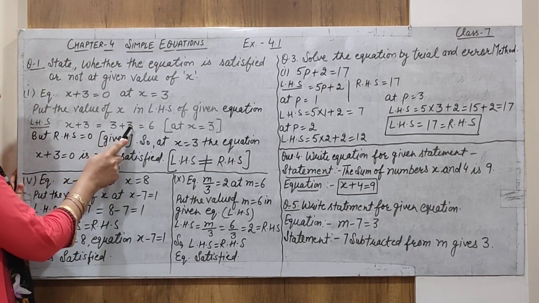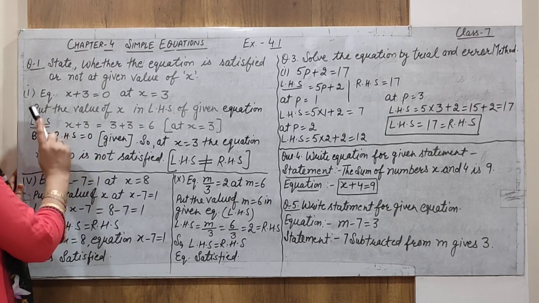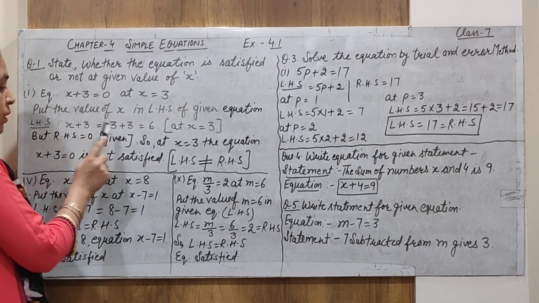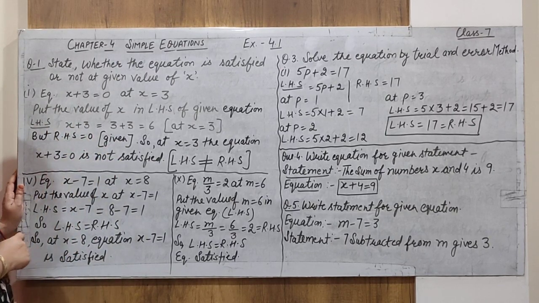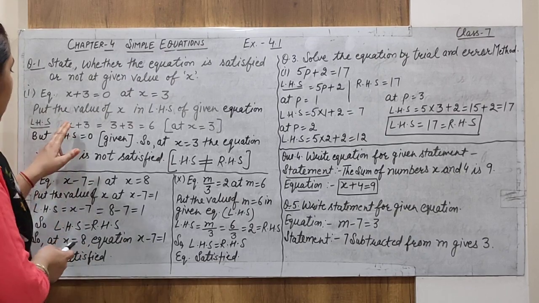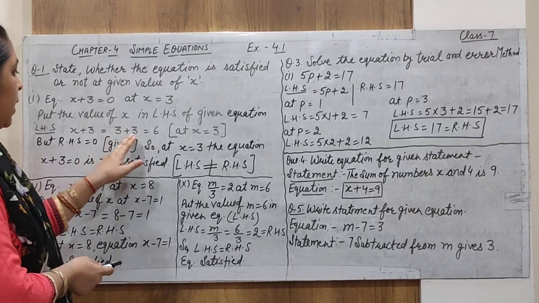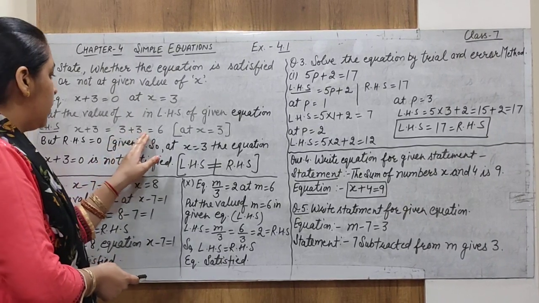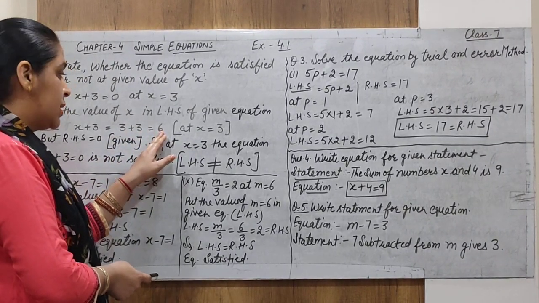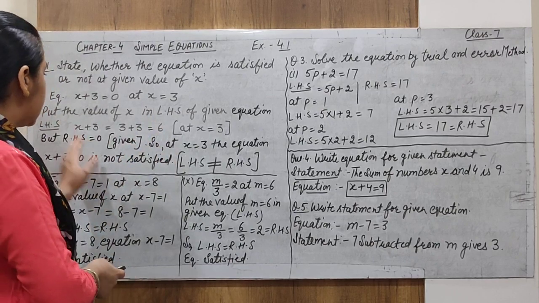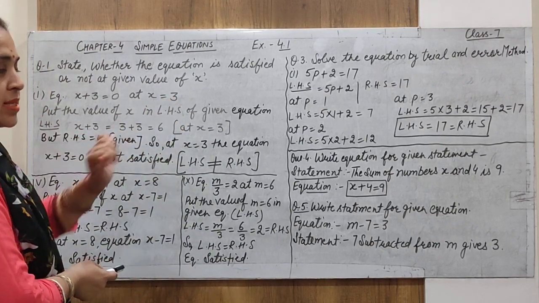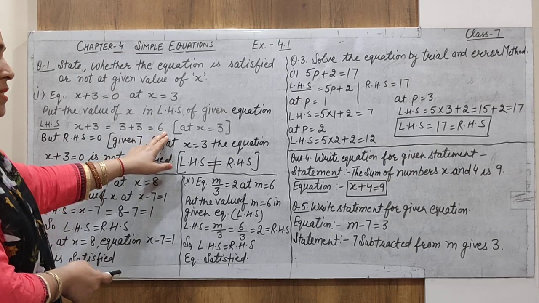The constant is as it is in the equation, and the mathematical operation, that is the plus sign, is also as it is. Now x plus 3, we get 3 plus 3, and 3 plus 3 is equal to 6. Now our result after putting the value of x is equal to 3 is 6.